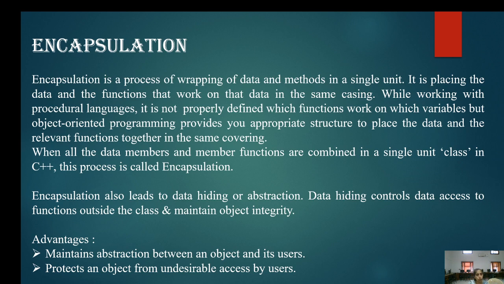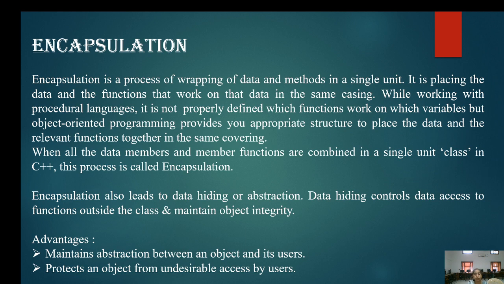While working with procedural language, it is not properly defined which function works on which data, on which variables. While in OOP, we clearly define the functions and the data on which those functions operate.